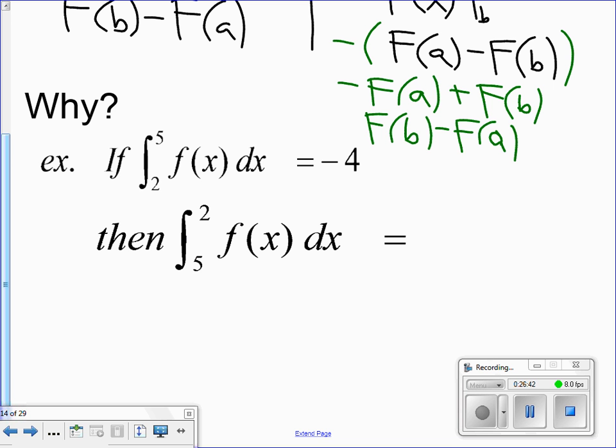What would be the value of the definite integral from 5 to 2? Positive 4. So when you switch limits, you're just going to get the opposite value because you've subtracted in the opposite order. Make sense? Got it? So that's a property.